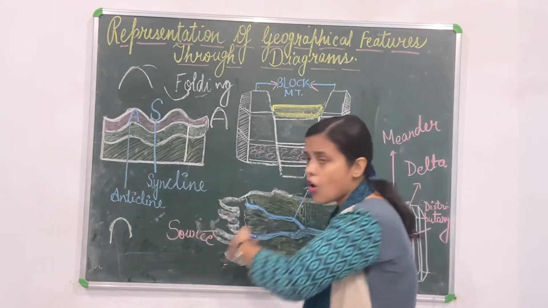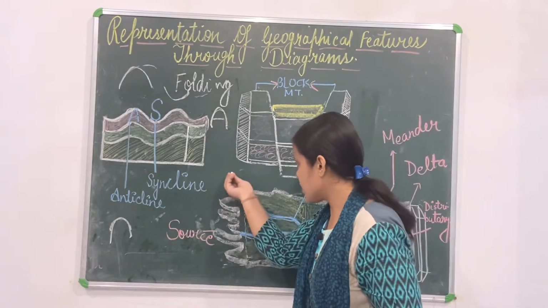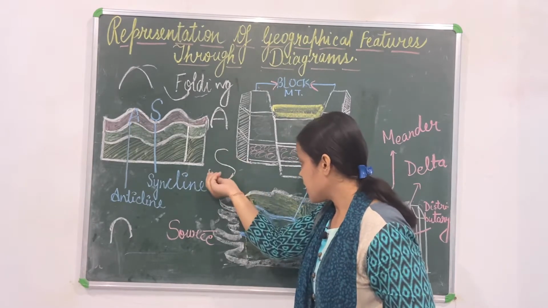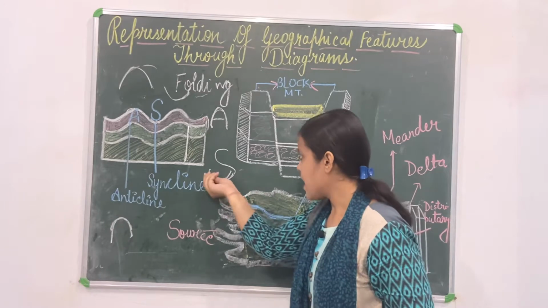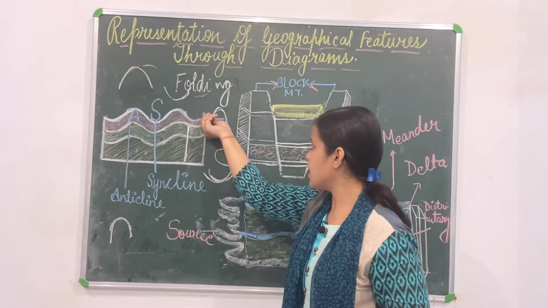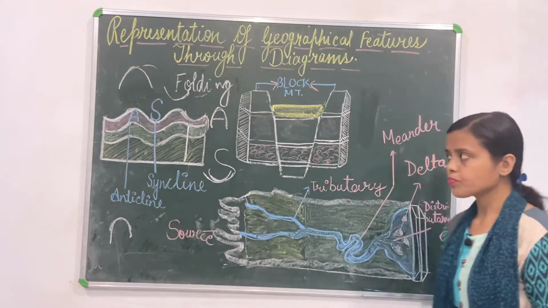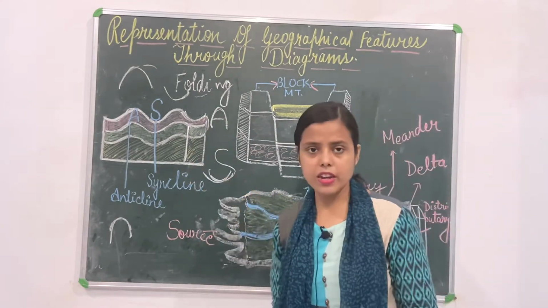And the downfold part, how is the shape of the S? See here, downfold part, and this is indicated over here. The downfold part is syncline. I hope this diagram is clear now.